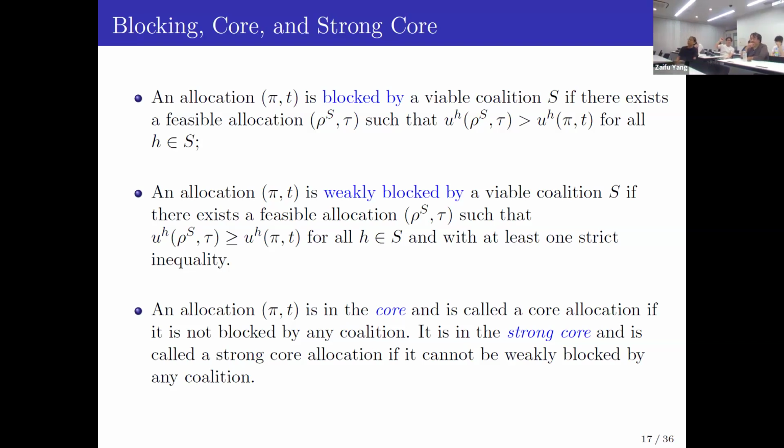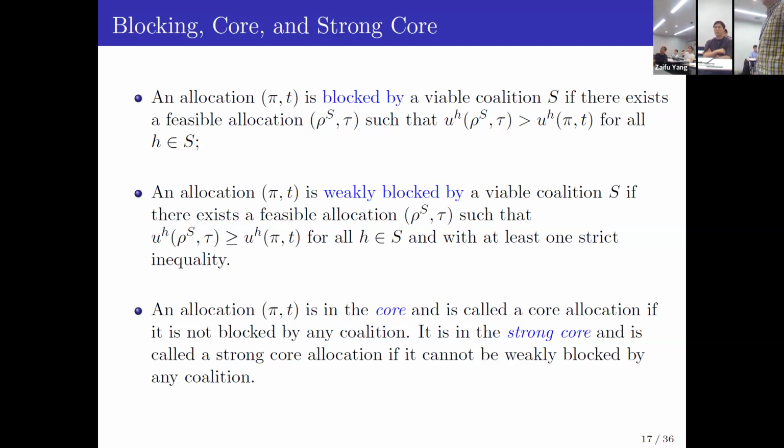And is that true? No, this one it's possible. The second one, the first one, like strong core. I think the strong core actually induces the Walrasian equilibrium outcome. Yeah.